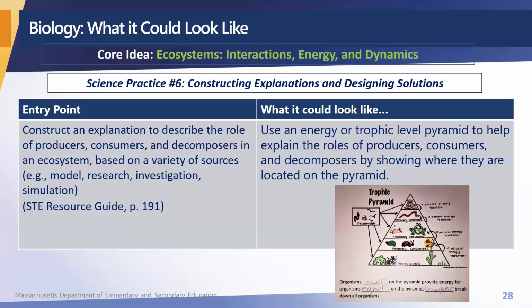So this is a good one, you can have the pictures, they can help to pick what they would put at each level. And you can see at the bottom, the teacher left blanks for them to help them understand this process.